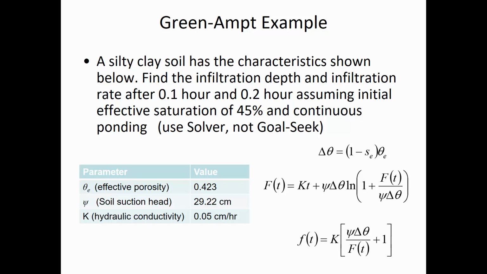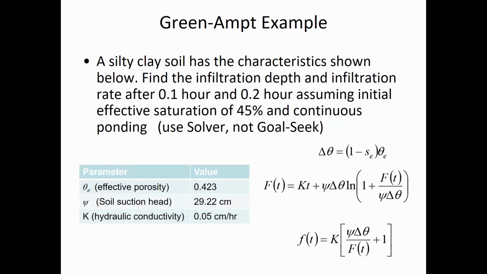So delta theta is 1 minus S sub E times theta sub E. So that is 1 minus 0.45 times 0.423. That tells us that the water content is going to increase 0.23265 as it goes from the initial water content to fully saturated.